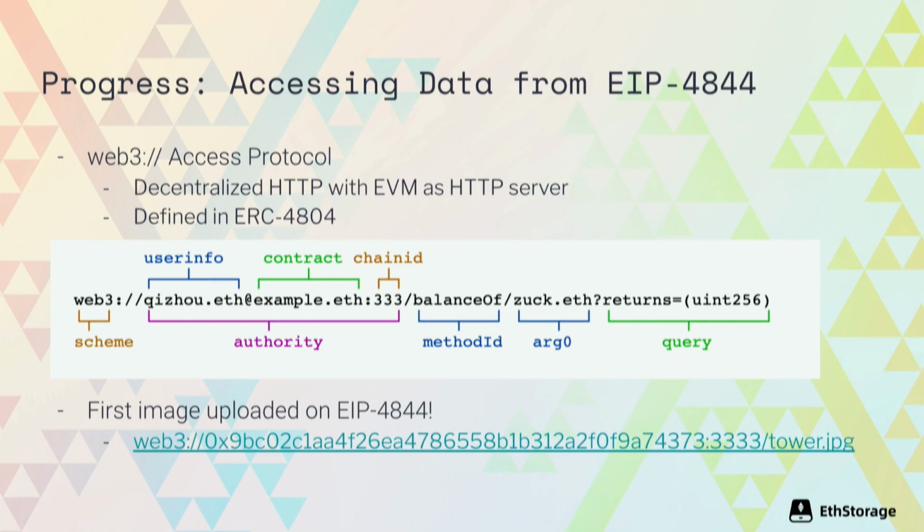We also propose a Web3 access protocol, which is a decentralized HTTP protocol to access data that is on-chain and hosted by the smart contract. So the smart contract can define the corresponding logic to display the dynamic data uploaded by the users rather than static data.